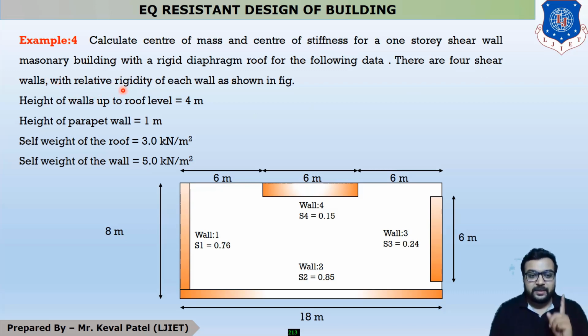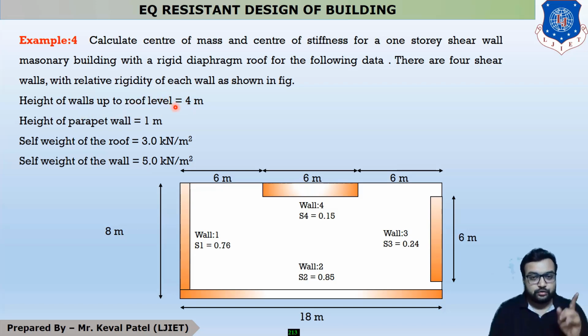The rigidity of wall 1 is 0.76, rigidity of S2 is 0.85, rigidity of S3 is 0.24 and rigidity of S4 is 0.15. Next, the height of wall up to roof level is 4 meters.